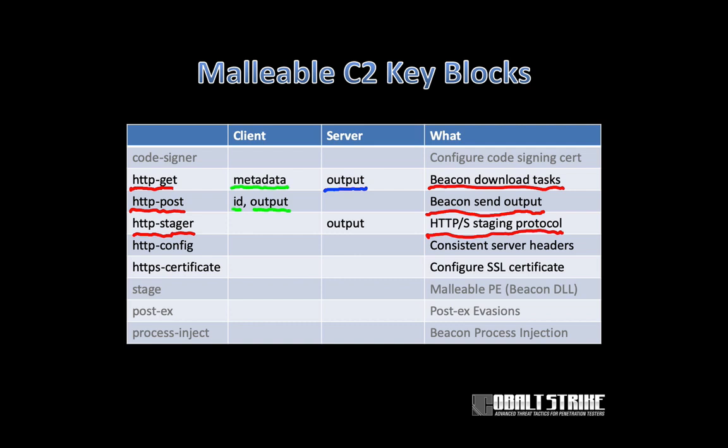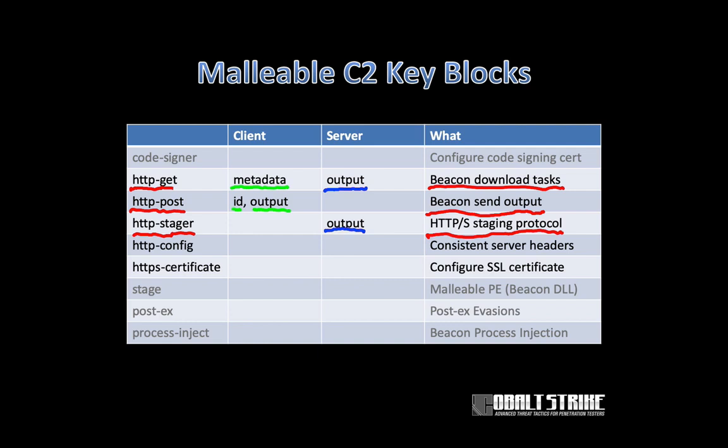And the HTTP stager server output block is your chance to transform the encoded blob with your Beacon payload. These transforms are a little bit limited because stagers can't reverse base64 and NetBIOS encoding, but you can do things like prepend and append strings to that blob, and that can take you pretty far.